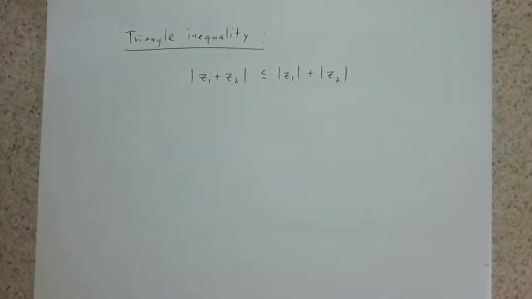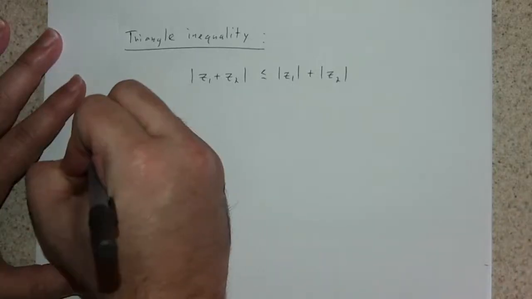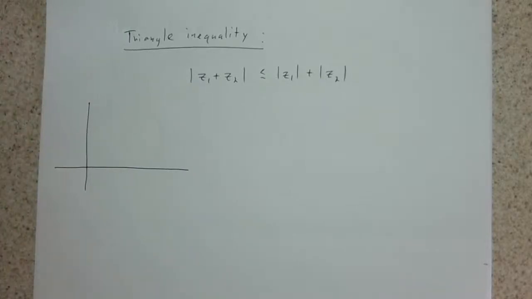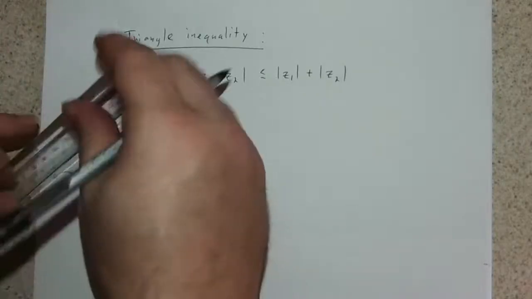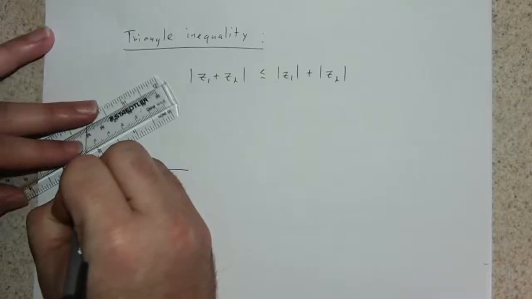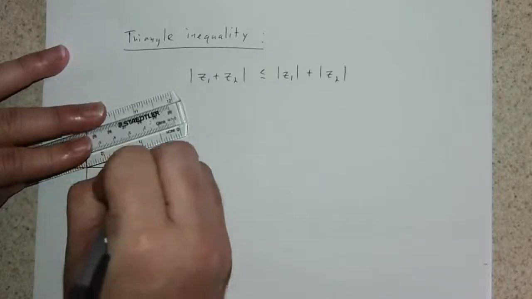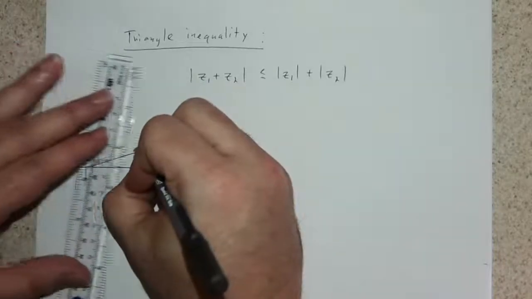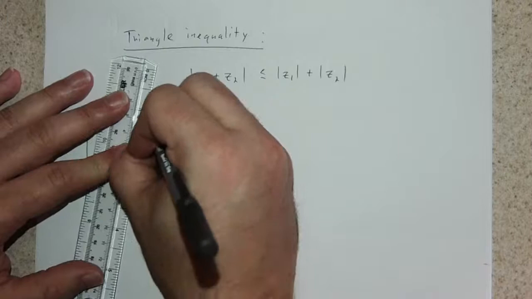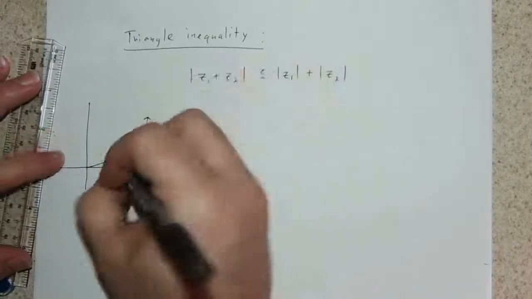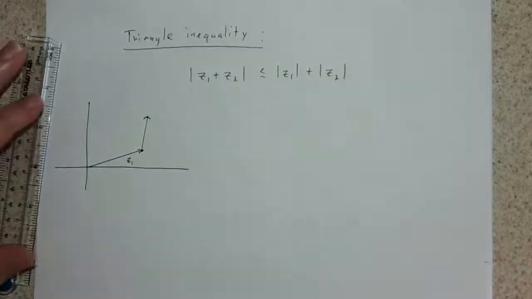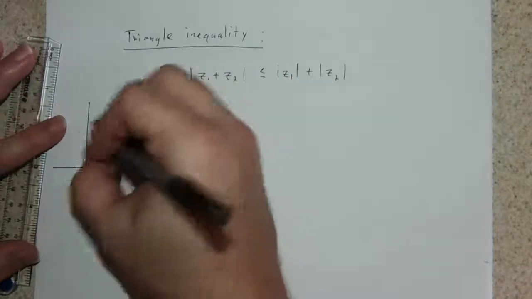Okay. The name explains exactly where this comes from if you actually draw the picture. I'm going to draw the lower half of my parallelogram. So I'm going to draw, say, a z1, and then I'll draw a z2. So this is z1, that is here, and a vector associated to z2 here.